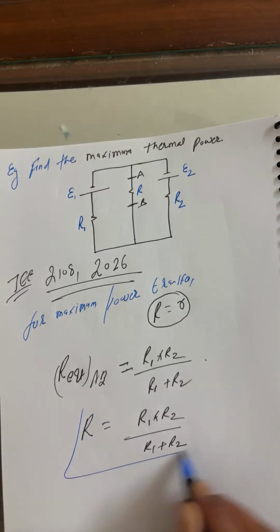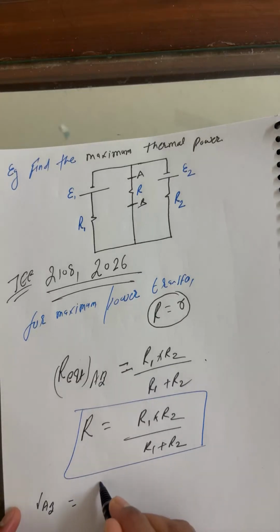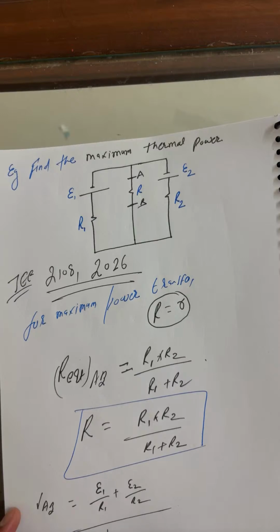Just keep in mind this result, I'll use it later. Now I'm going to find the potential difference across AB. I hope all of you remember, this is E1 upon R1 plus E2 upon R2, upon 1 upon R1 plus 1 upon R2.